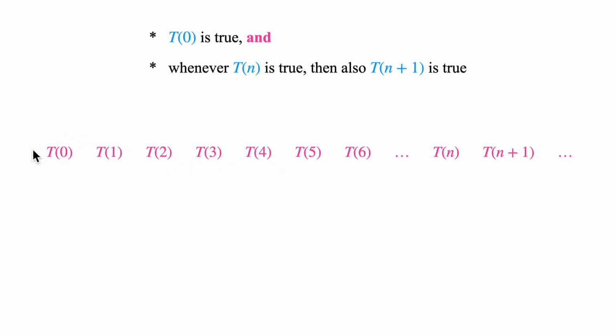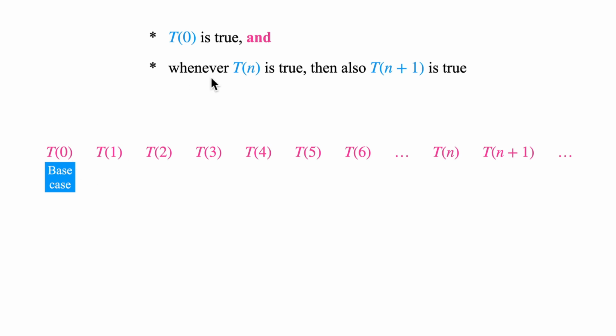This is the statement for number 0, this is the statement for number 1, and so on. The first condition tells us that T of 0 is true. And this is a so-called base case, which in proofs we will always have to verify manually by plugging in n equal to 0 in our statement and just verifying that it's really a true statement.